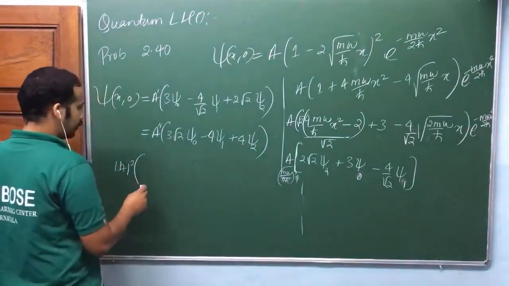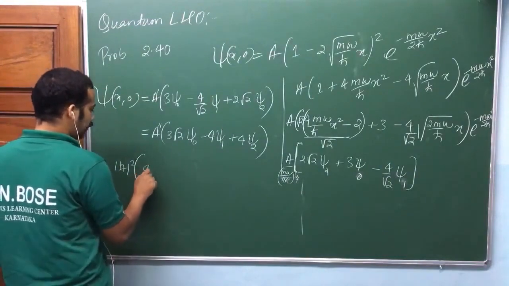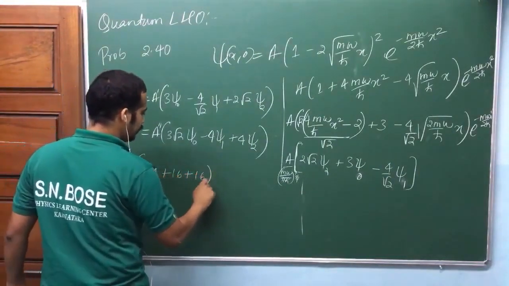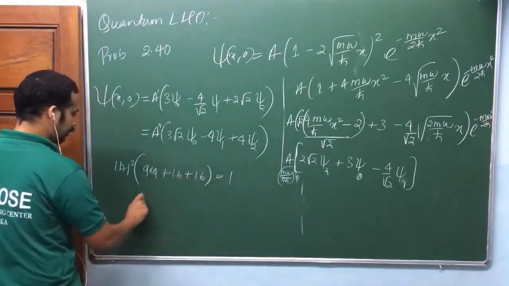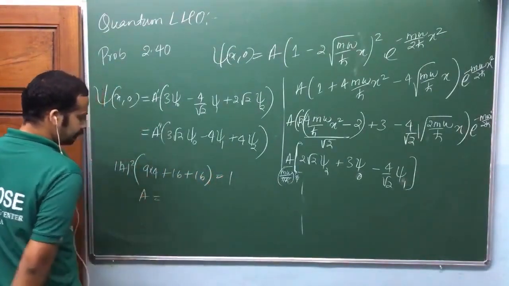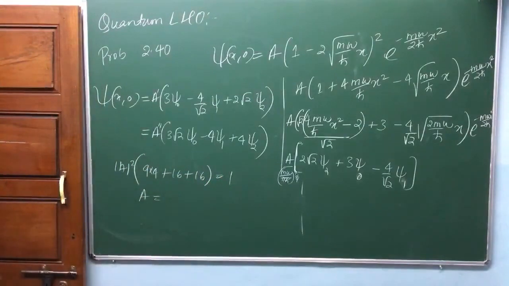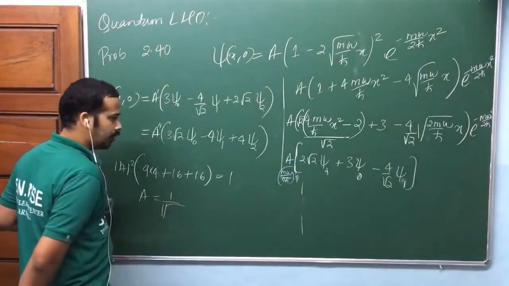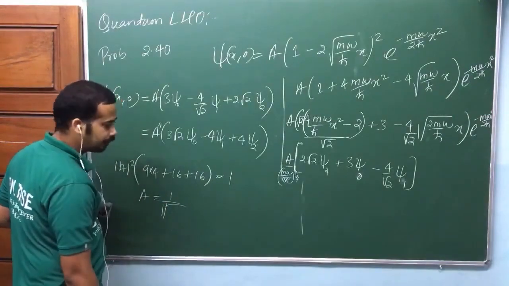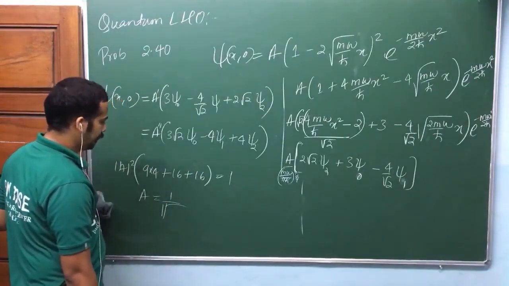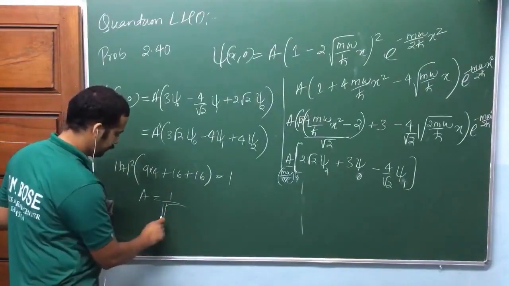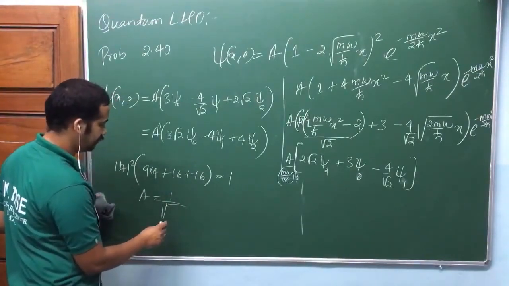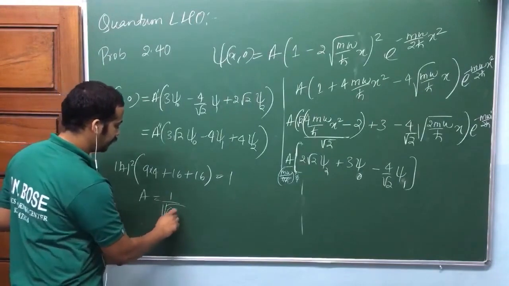Okay. So A squared times (9 into 2 plus 16 plus 16) is equal to 1. What is A? 1 by? Speak out. 68.